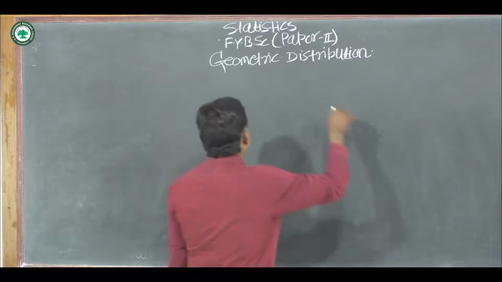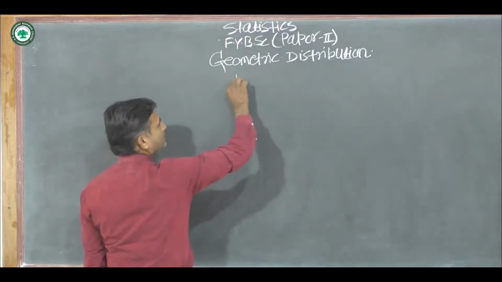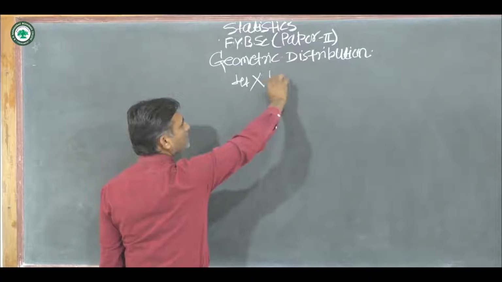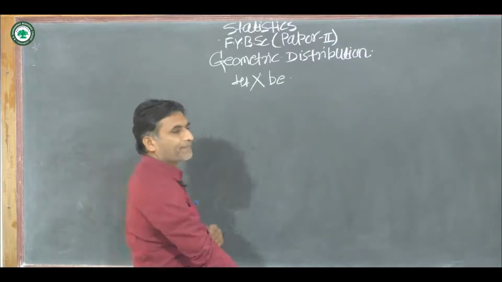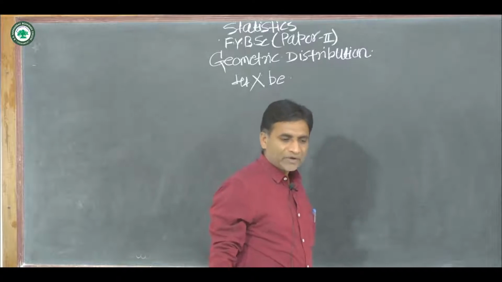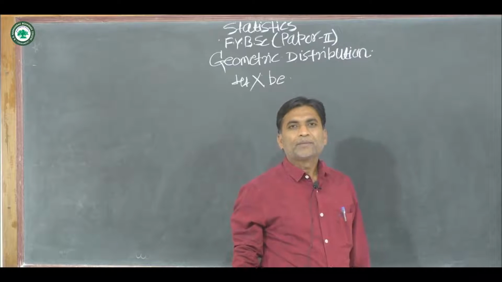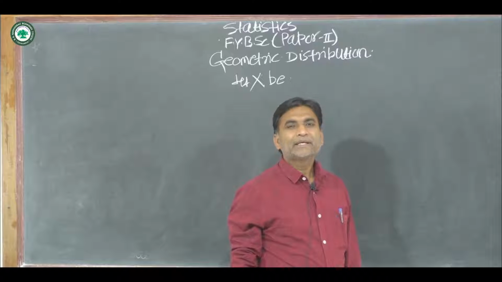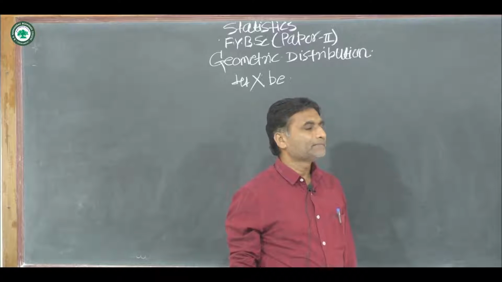Then let capital X be the number of failures before getting a head in a single trial.